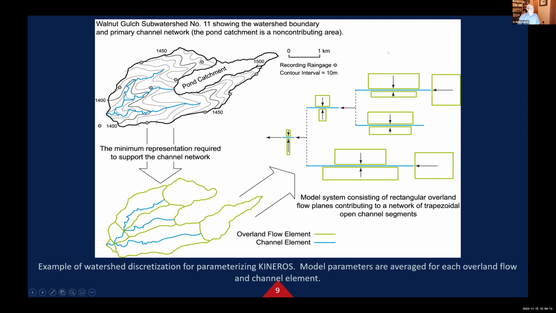And then conceptually in Kinross, we take this information and redefine the watershed in a series of rectangular planes, as well as linear channels. These channels are the same length as the channels that we actually see, okay, based on the flow accumulation tool.